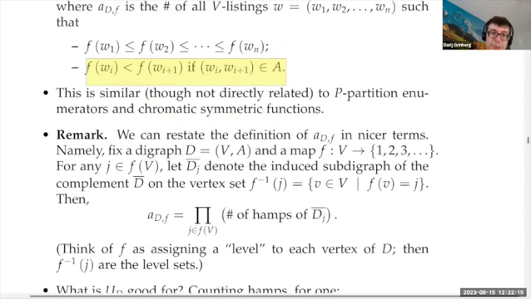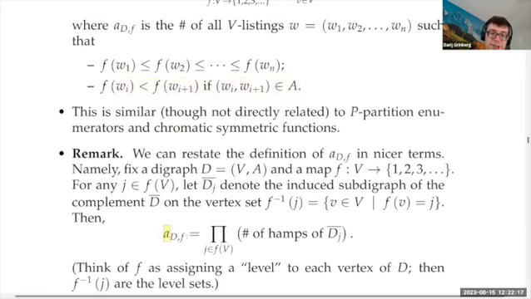So here is another way to put this. a_f is a product over all levels, where f(v) ranges over the set of all levels, of the number of Hamiltonian paths of the complement digraph restricted to this level. So at this point, you start seeing the connection, because we're now counting Hamiltonian paths, even though we're not just counting them for our original D-bar, but actually for certain subdigraphs.